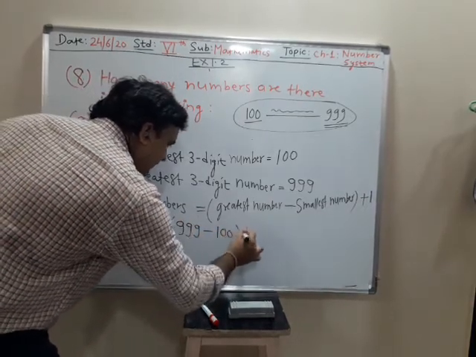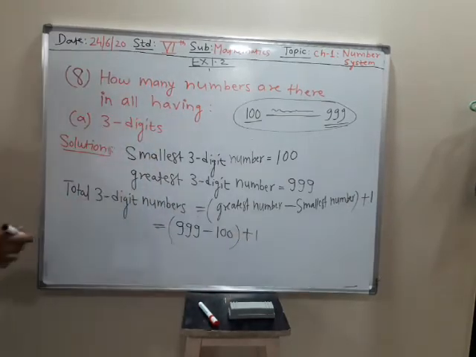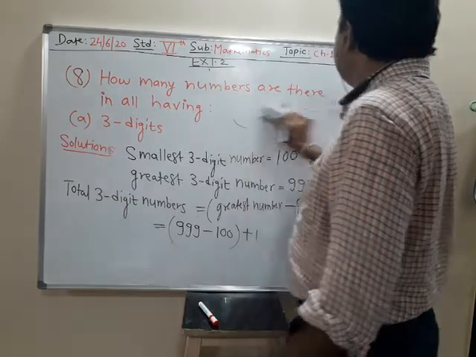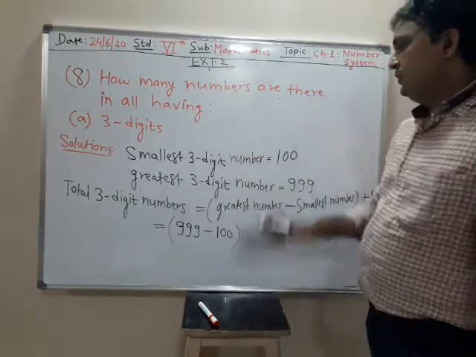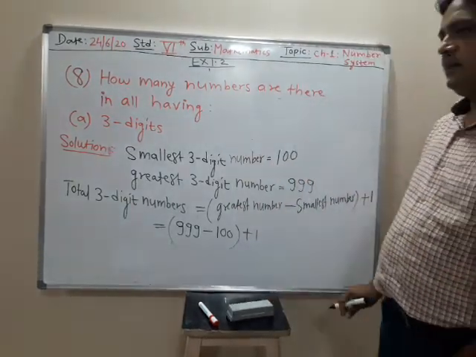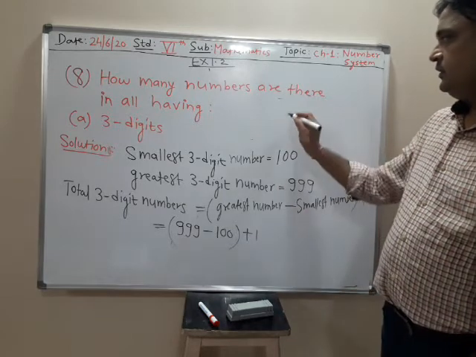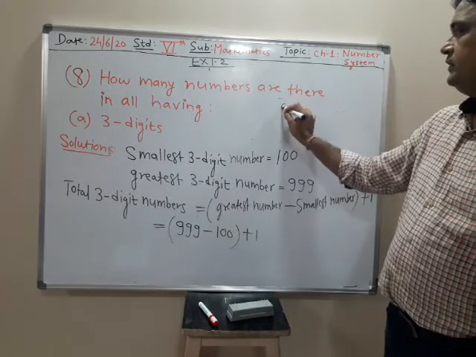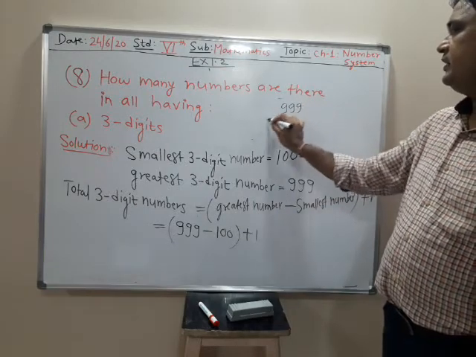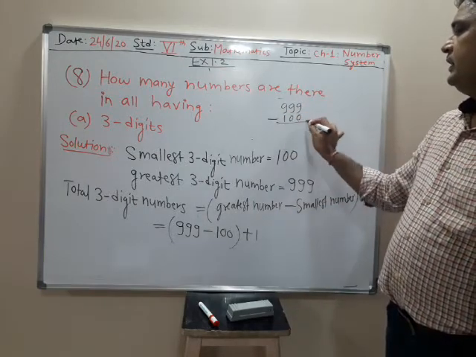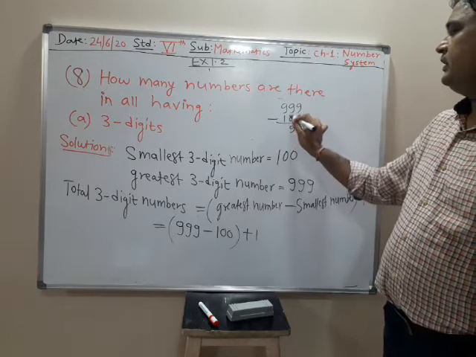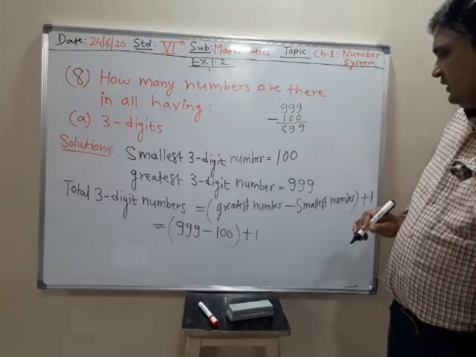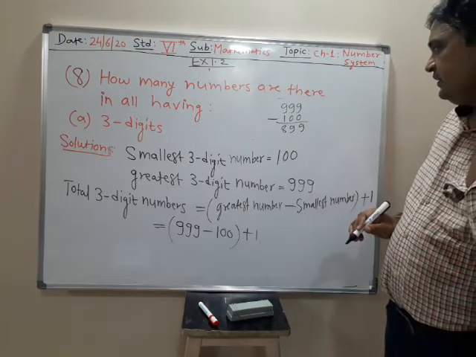So 999 minus 100, this we simplify. 9 minus 0 is 9, 9 minus 0 is 9, 9 minus 1 is 8. That is 899.